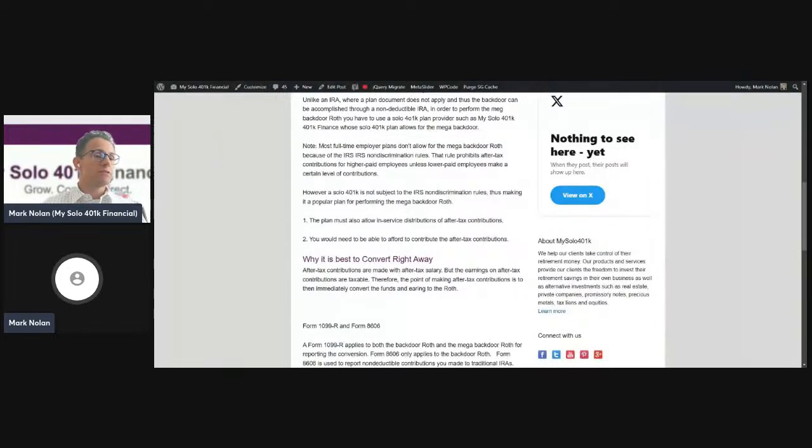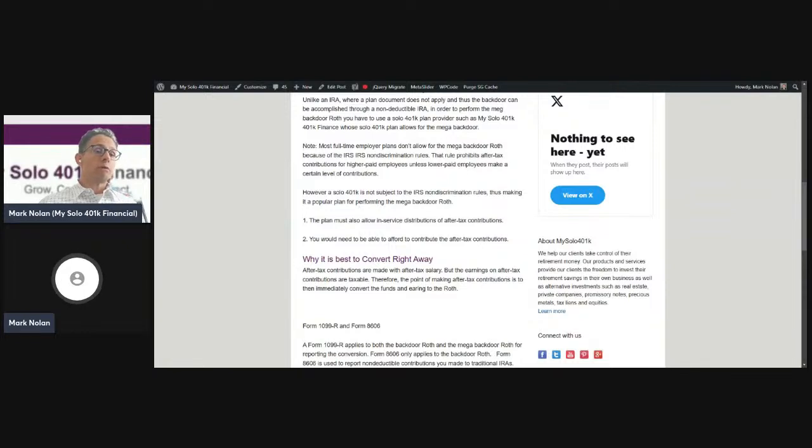So for instance, if you work for Microsoft, the Microsoft plan probably does not allow for the mega backdoor Roth because of the non-discrimination rules. However, I do know that the Amazon 401k allows for the mega backdoor Roth. So it just depends on that full-time employer.